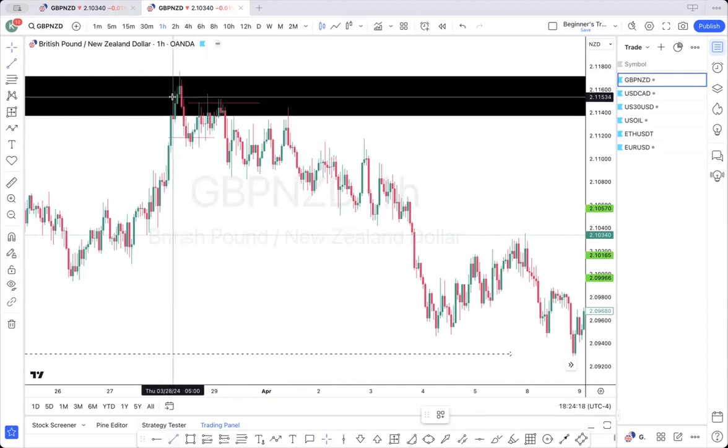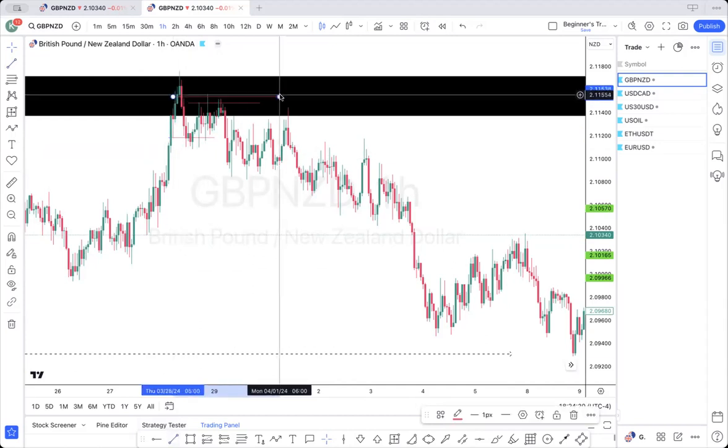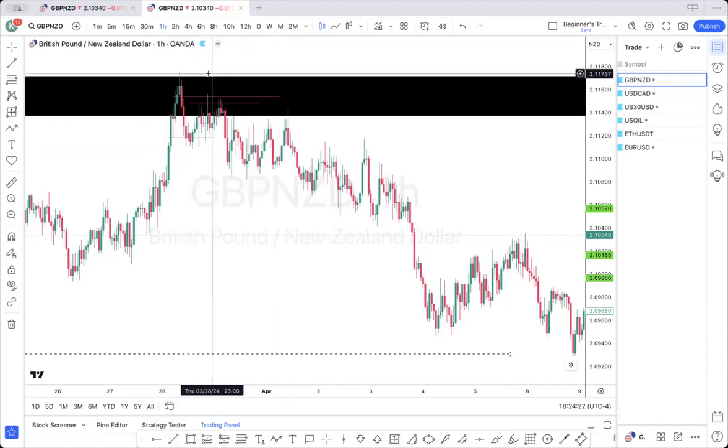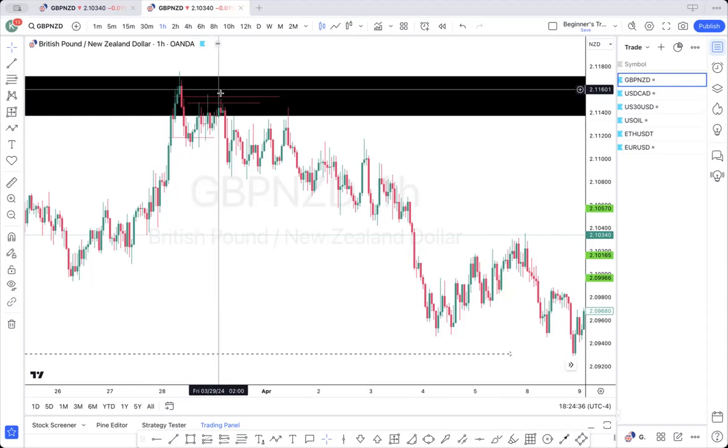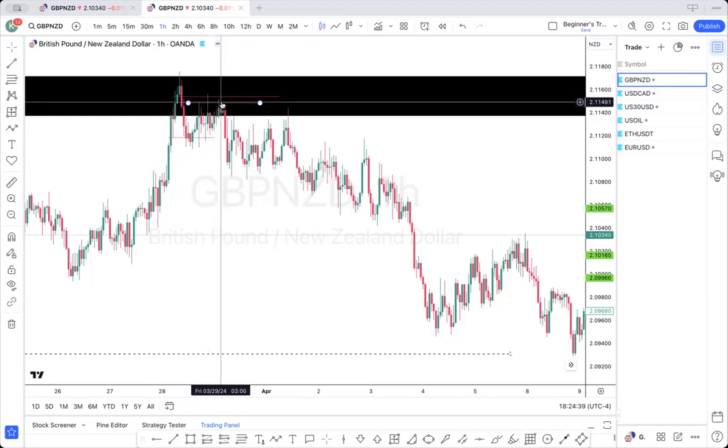One, we're in a zone. That's my first confluence. Two, it broke structure, violated this order block of that zone. Three, it pulled back to the zone and rejected it repeatedly.